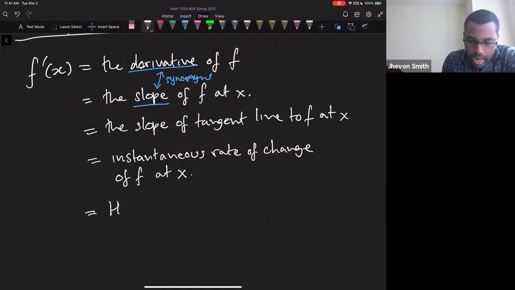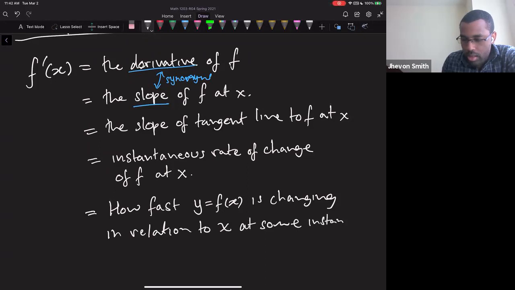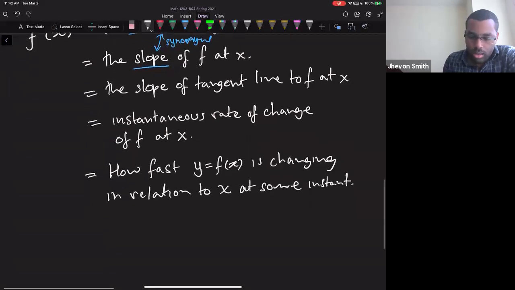It can tell you how fast y equals f of x is changing in relation to x at some instant. And it gives you a formula for the above.